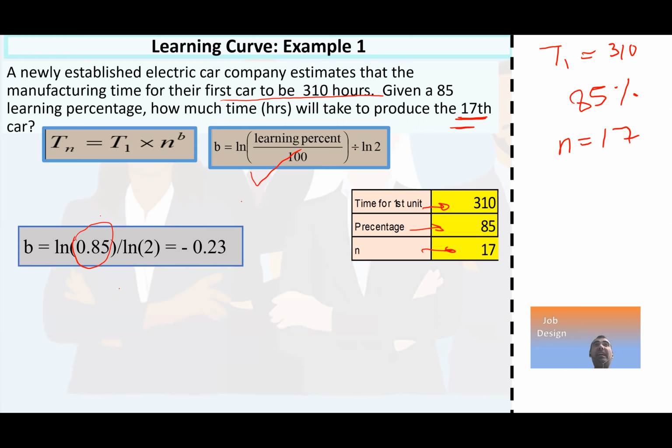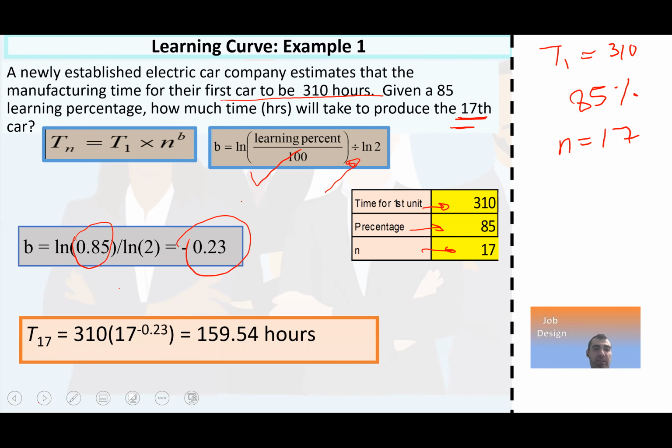We don't put 85%, we put it as a ratio, 0.85, or you could divide 85 by 100 and you get 0.85. So ln of 0.85 divided by ln of 2, we're just following the equation, is going to give us negative 0.23. We take that number and plug it into this equation.